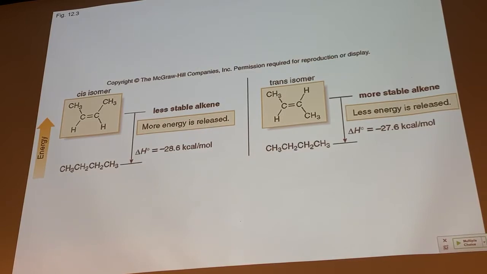In this case, 1 kcal per mole more energy is given off by the less stable cis-2-butene compared to the more stable trans-2-butene. So this is how this was established. These heats of hydrogenation data are how we learned that cis-alkenes are higher in energy than trans-alkenes.